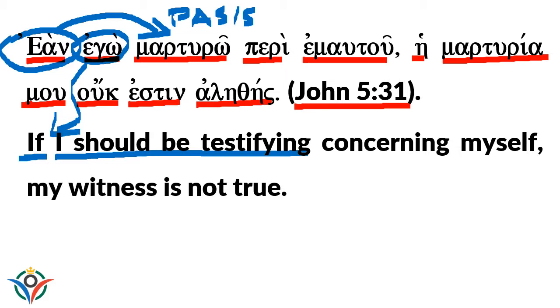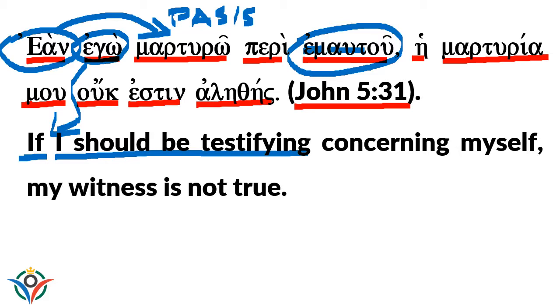And then we have an example of a reflexive pronoun in the word emautou. So we see the personal prefix em, which tells us that this is a first person singular reflexive pronoun. And then we have the intensive pronoun aut, and then the ou, which tells us that this is a genitive case.